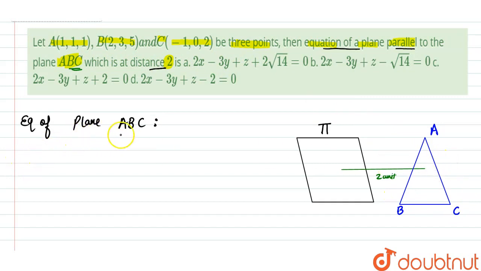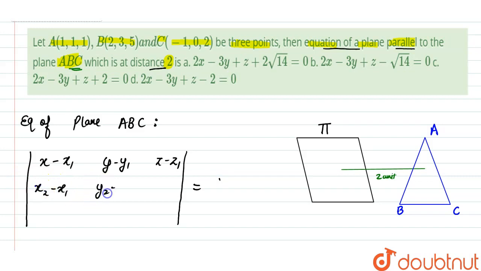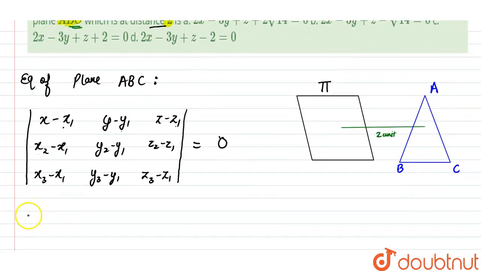So by using non-collinear points to find out the equation of the plane, we know the Cartesian form of the plane passing through three non-collinear points is given as the determinant with rows x minus x1, y minus y1, z minus z1; x2 minus x1, y2 minus y1, z2 minus z1; x3 minus x1, y3 minus y1, and z3 minus z1, is equal to 0, where x1, y1, z1 are the coordinates of the first point, x2, y2, z2 for the second point, and x3, y3, z3 for the corresponding third point, that is the point C. Now we will put the values over here.